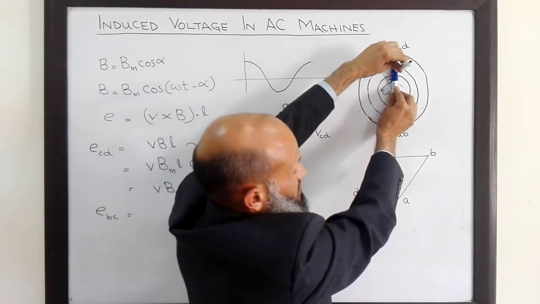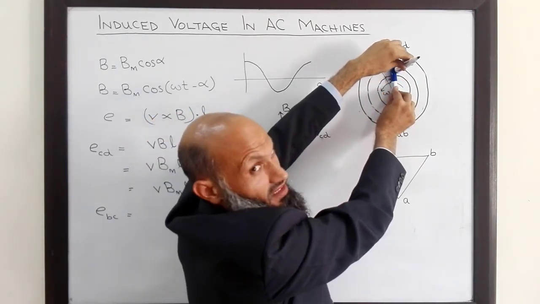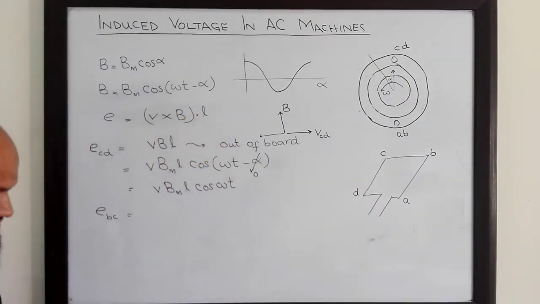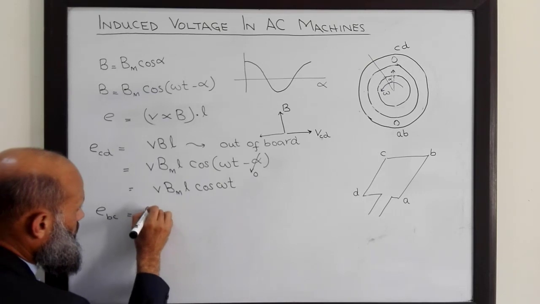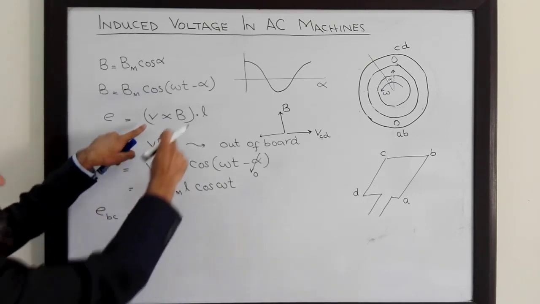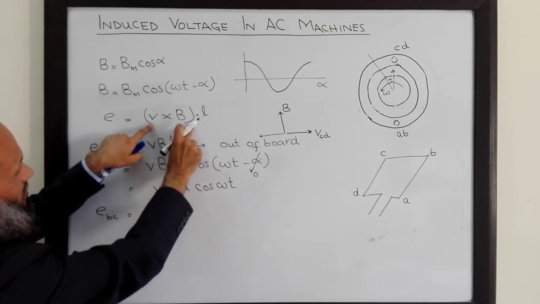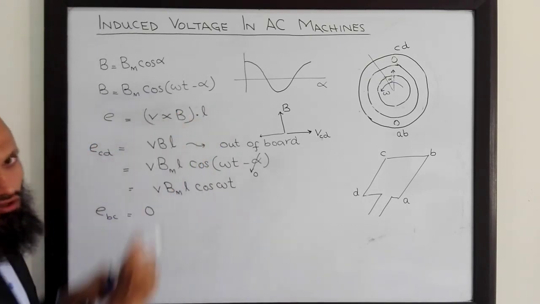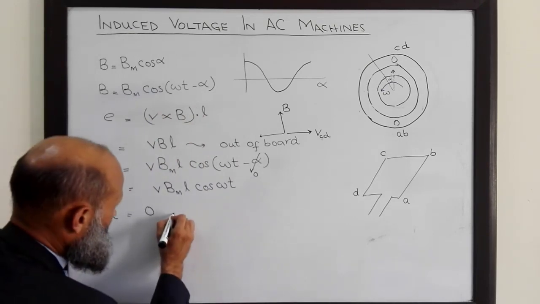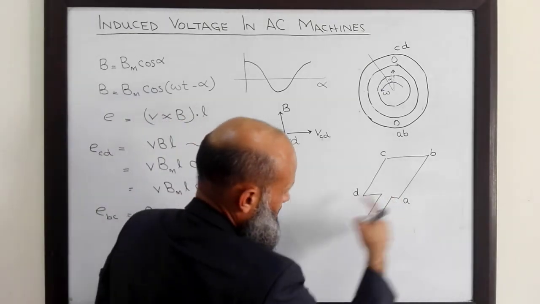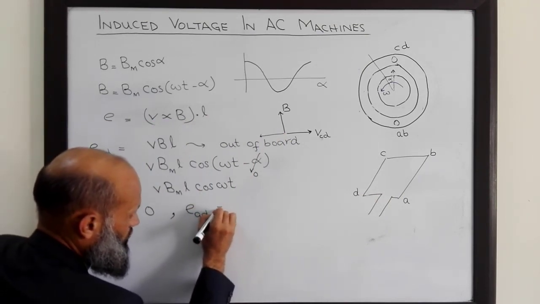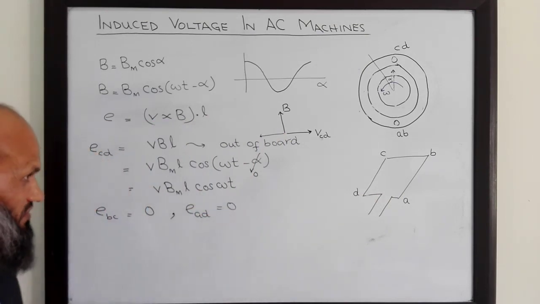And V cross B is perpendicular to the length vector, and therefore no voltage is induced in this segment BC, because the direction of this vector V cross B is perpendicular to the length vector, therefore their dot product is 0. The same is the case for this segment AD, and for AD no voltage is induced in this segment.